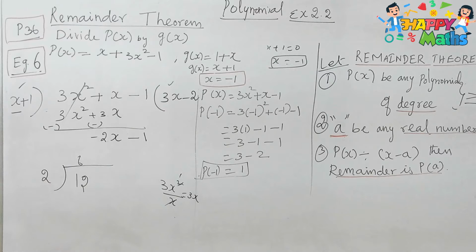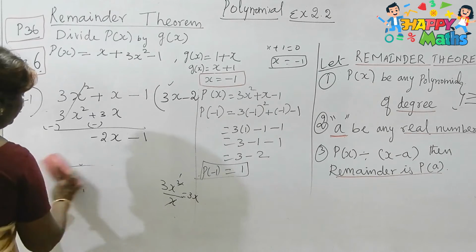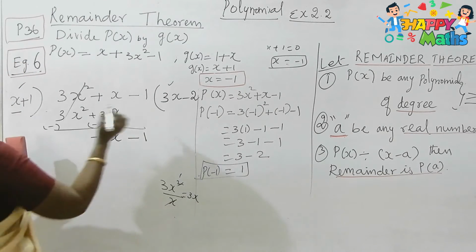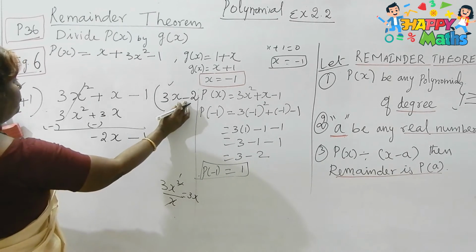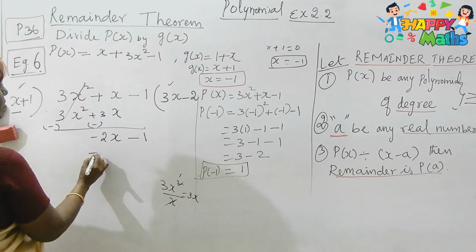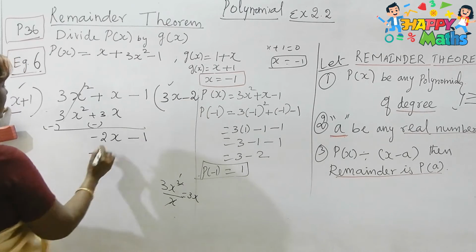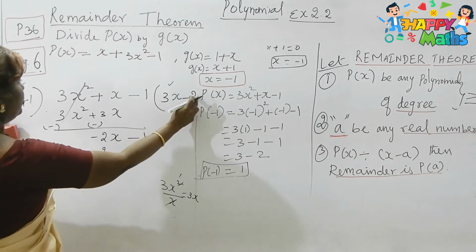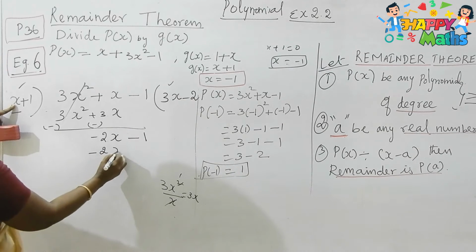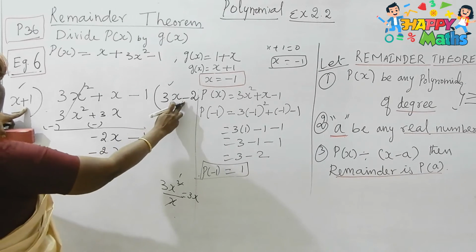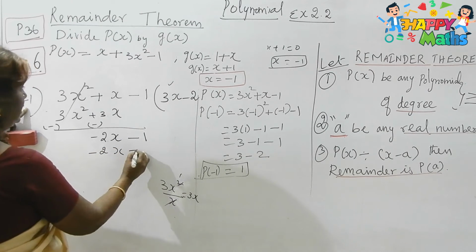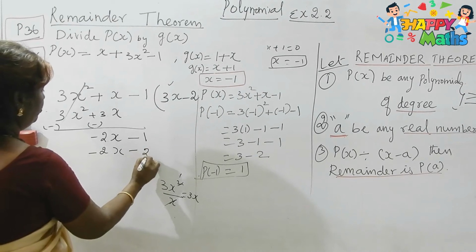Now I am going to multiply by minus 2. See, minus 2, both are with different signs. So the answer will be minus 2 into 1 is 2. There is no x, but here it is x, so this x will come. Here both are different signs, so minus 2 into 1, 2.